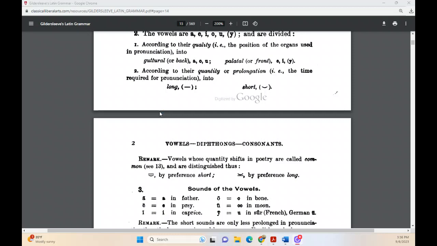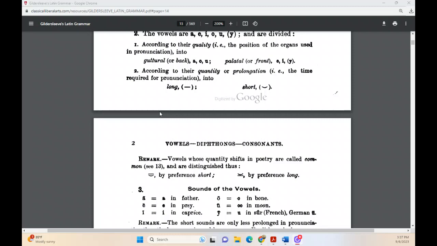So for example, if I take the vowel ah, it's short if I say ah, ah, ah. It's long if I say ah, ah. So long and short in Latin literally means long in time and short in time.